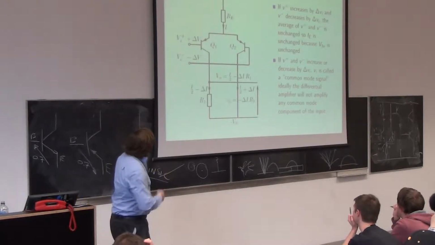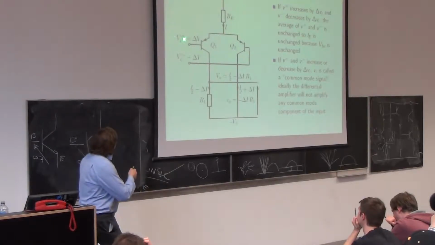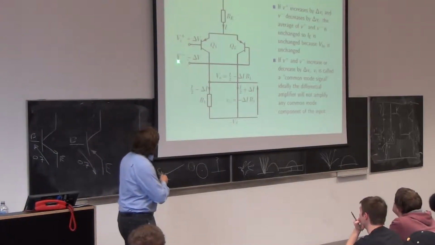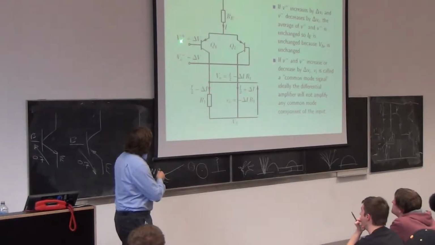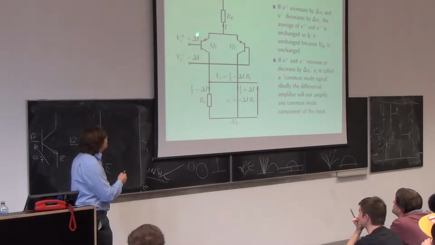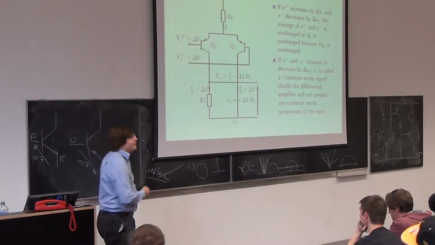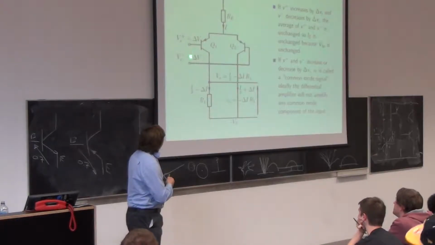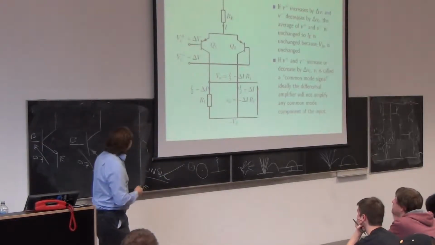But here I've gone with up and down. So VI plus is a non-inverting input, and VI minus is an inverting input. And I said that VI plus, so non-inverting input, goes up by a small amount, delta V, and that VI minus, inverting input, goes down by a small amount, delta V.